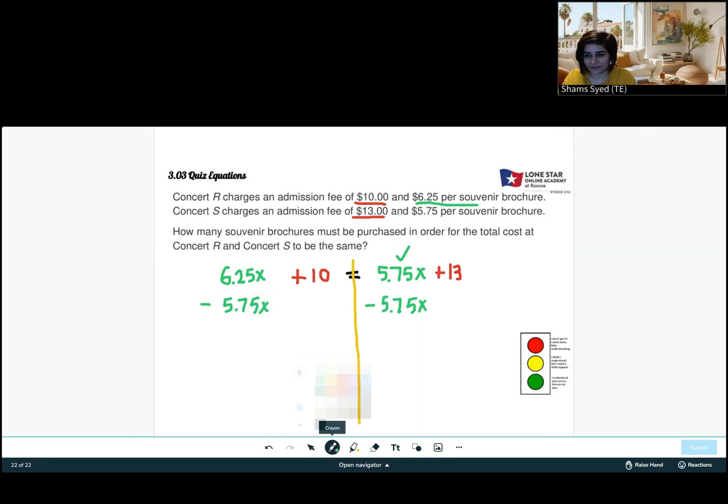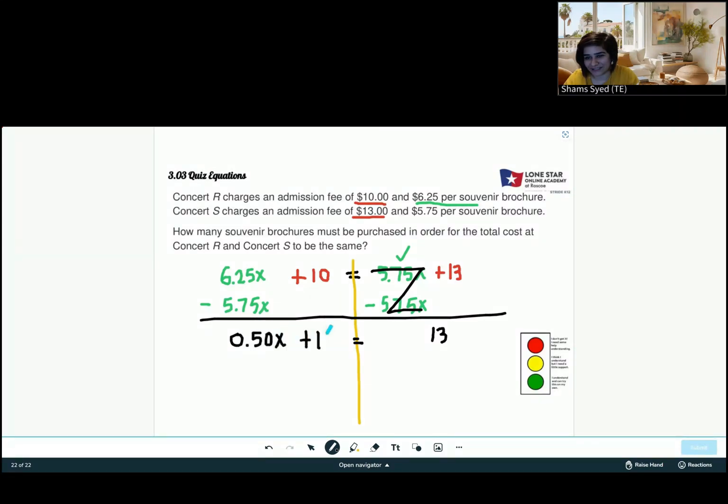Okay, let's see. This term cancels out and we're left with a 13.625 minus 5.75, which probably gives you 0.50x, 0.50x, or 0.5x plus 10 equals 13.